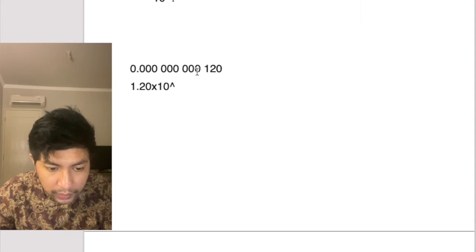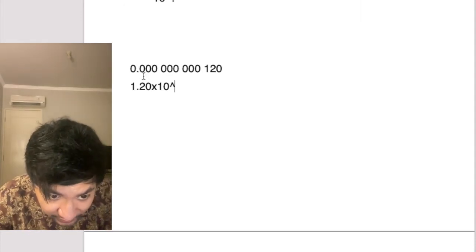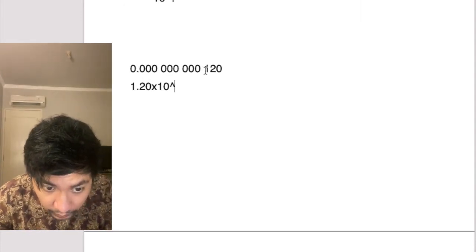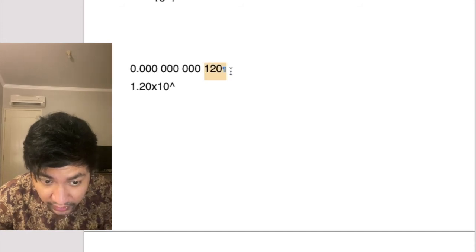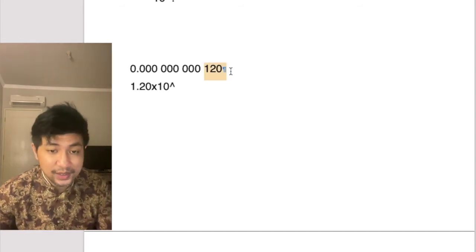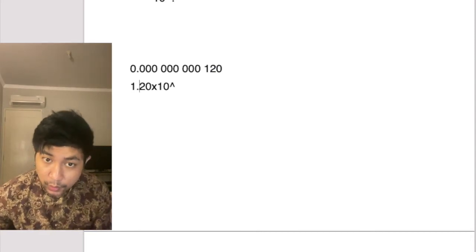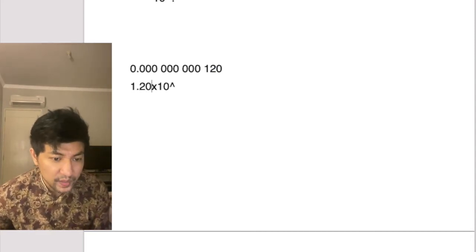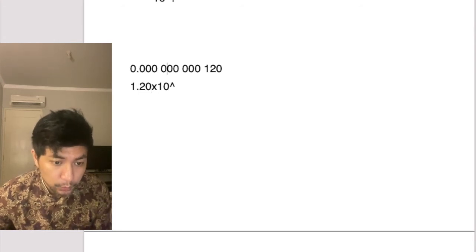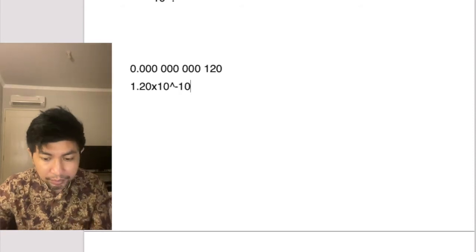Now, what about this number? How do we write this? First, count the significant figures here. It's the last 3 digits, 1, 2, and 0. Again, the mantissa is one whole number followed by a decimal point, and then the significant figures 2 and 0. How many times did I move the decimal point? 3, 6, 9, 10.